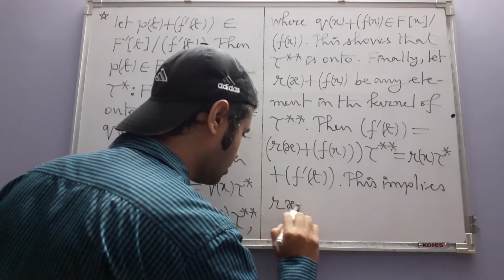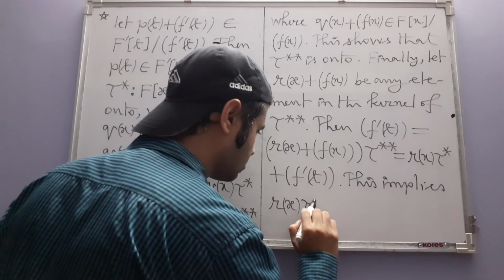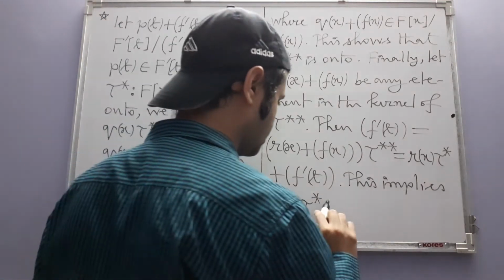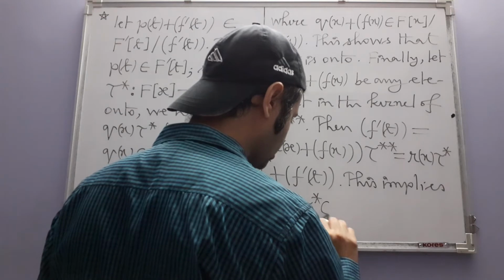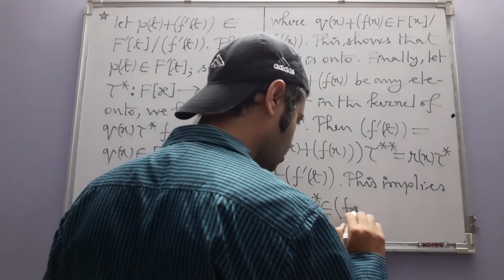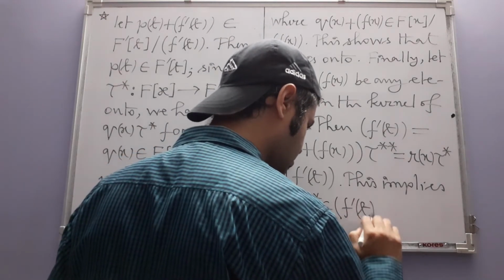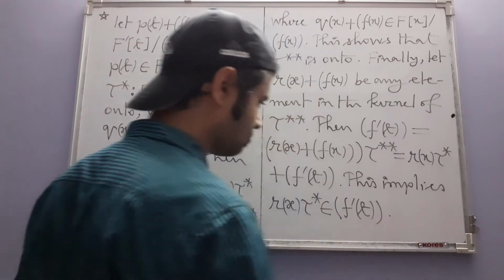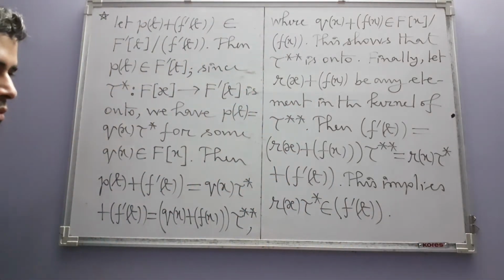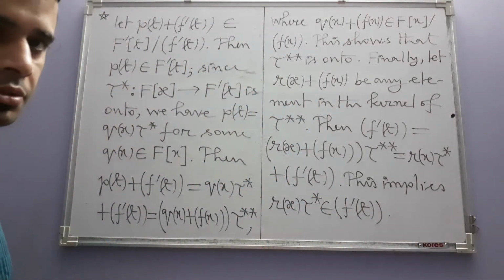that Rx tau star should belong to the principal ideal generated by f prime t, which again then has its own meaning.